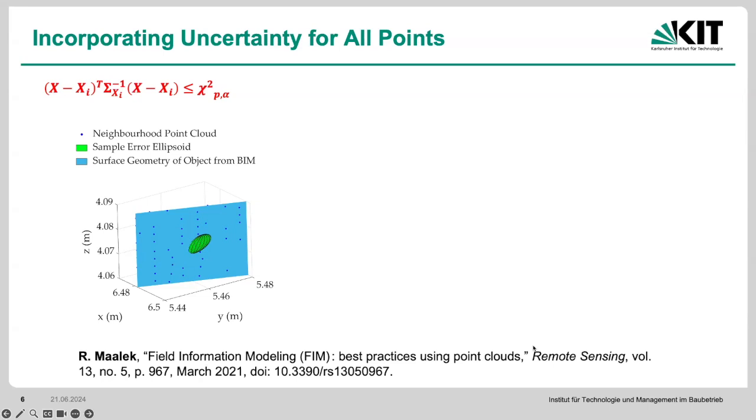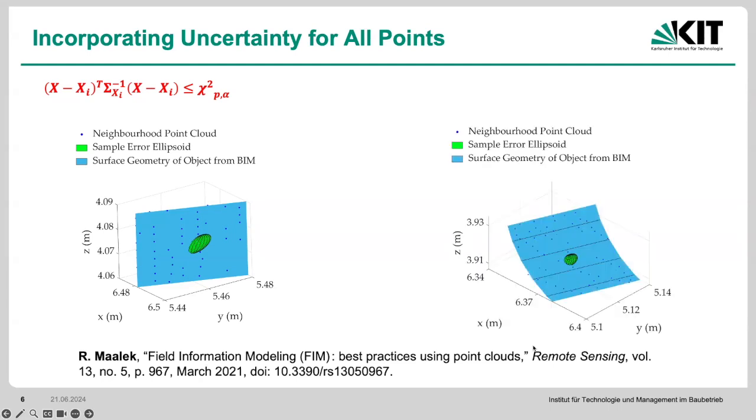Then if these two collide or have some sort of intersection, we can say that this point has some probability of intersecting with this surface. As long as they intersect, we can say that they belong together. Same with a cylindrical surface or a curved surface, it's going to be the same. It doesn't matter. As long as that surface intersects with that particular error ellipsoid, there is a possibility that it is going to be inside of it.